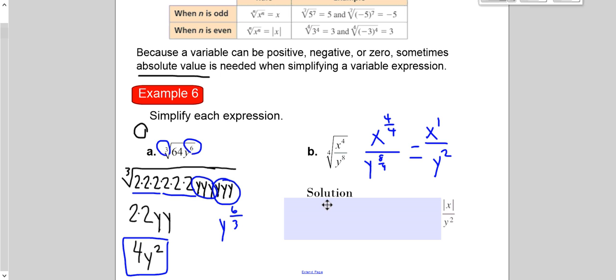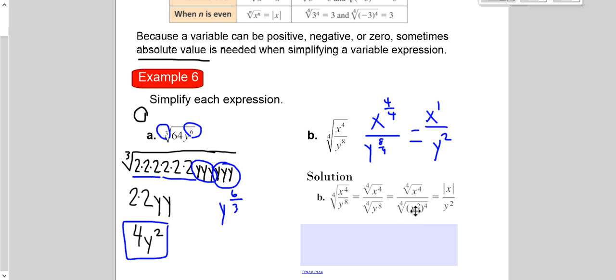Okay, let's look at the book solution. They separated it, and then they even looked at this as y squared to the 4th, and got y squared. Now, they put absolute values here. Think about what we had back at the top of the page. When n is even, the nth root of x to the n is the absolute value.